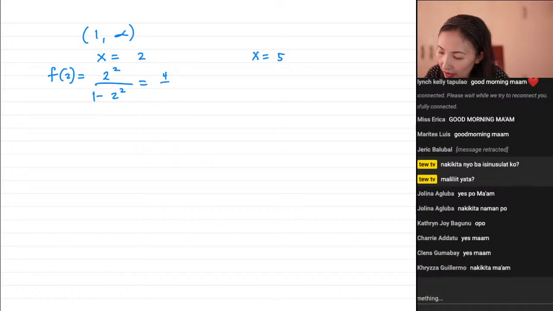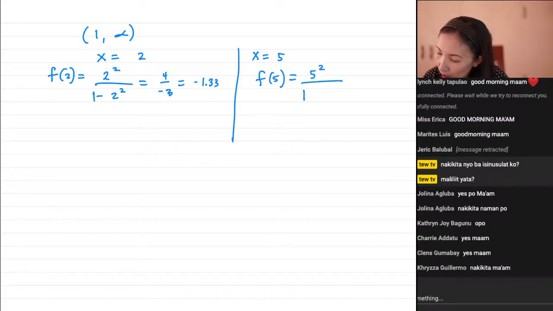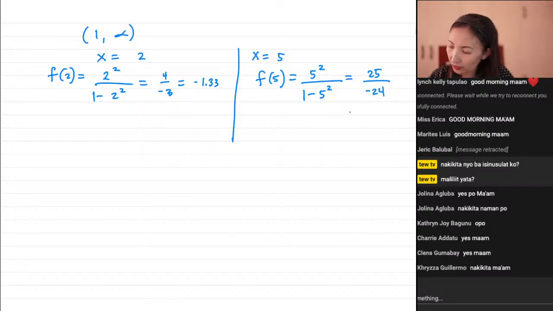Take note, it's also negative. Okay, 1.33. So, what about when x is equal to 5? F of 5 is equal to 5 squared all over 1 minus 5 squared, equal to 25 over negative 24. Okay, so negative 1 point something, 1.04.